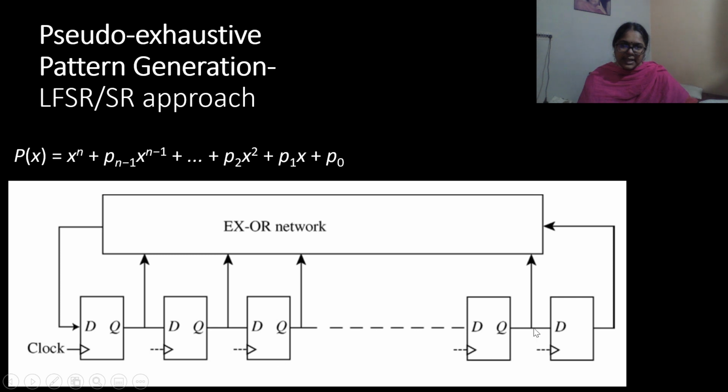So you can see the LFSR SR approach is nothing but a shift register constructed using D flip-flops. The output of the XOR network is given as input to the LFSR, and the output of the LFSR is given as input to the XOR network.